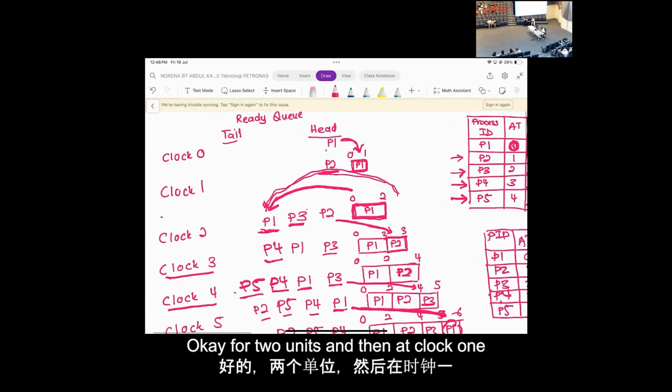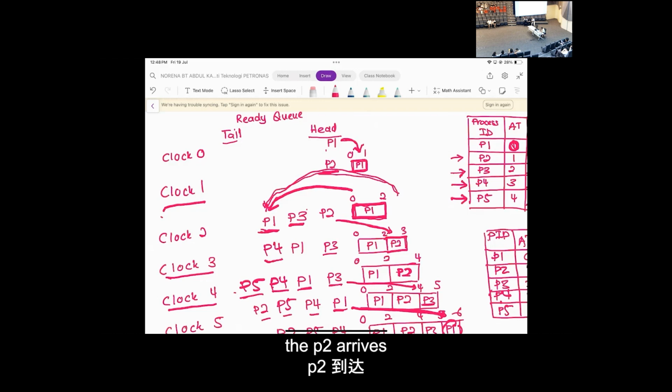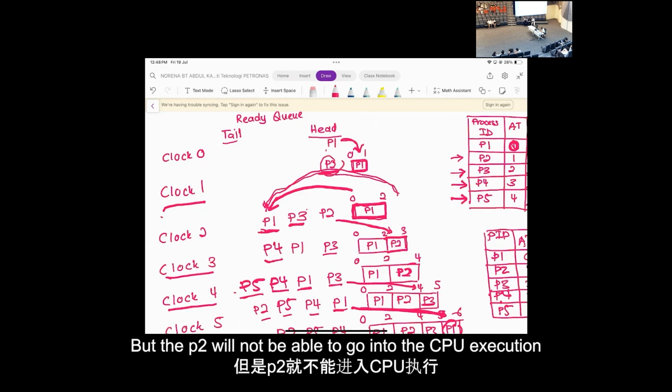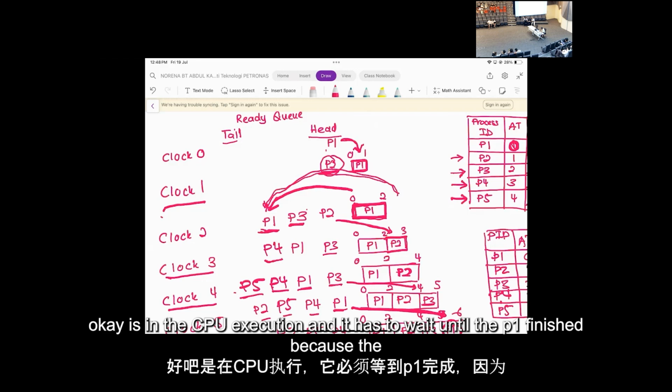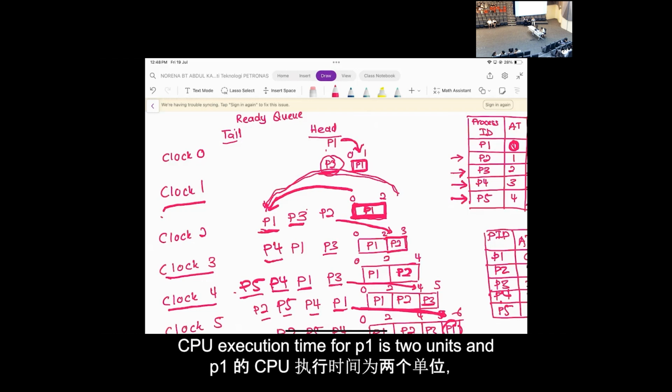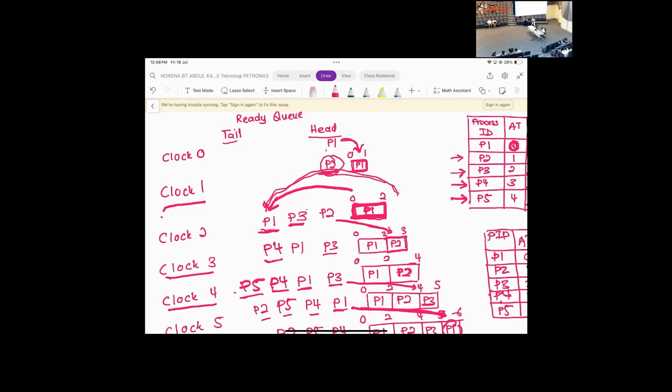And then at clock 1, P2 arrives. But P2 will not be able to go into the CPU execution because P1 is in the CPU execution, and it has to wait until P1 finishes, because the CPU execution time for P1 is 2 units.